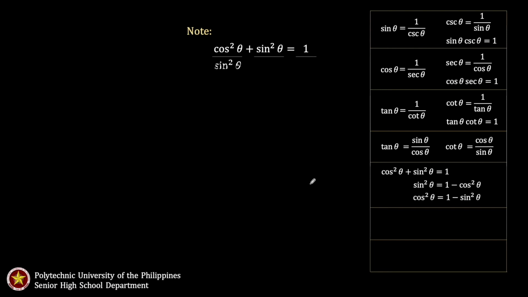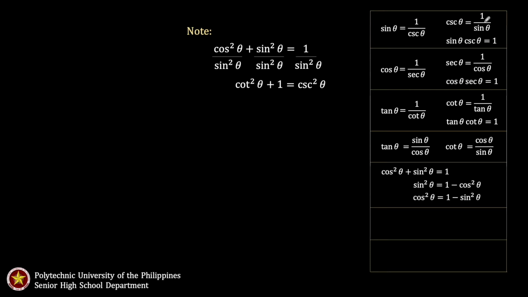Let us divide both sides of this identity by sine squared theta. Cosine squared theta over sine squared theta is equal to cotangent squared theta. Sine squared theta over sine squared theta is 1. 1 over sine squared theta is cosecant squared theta.